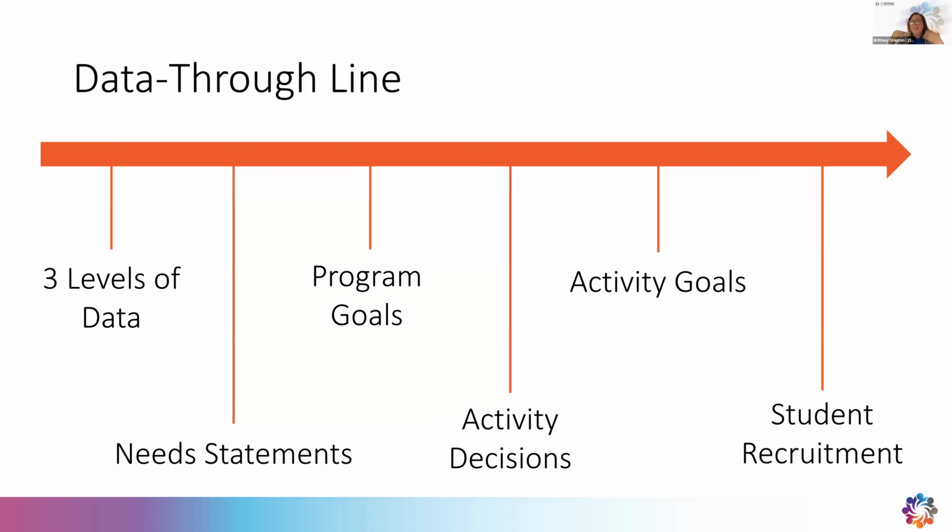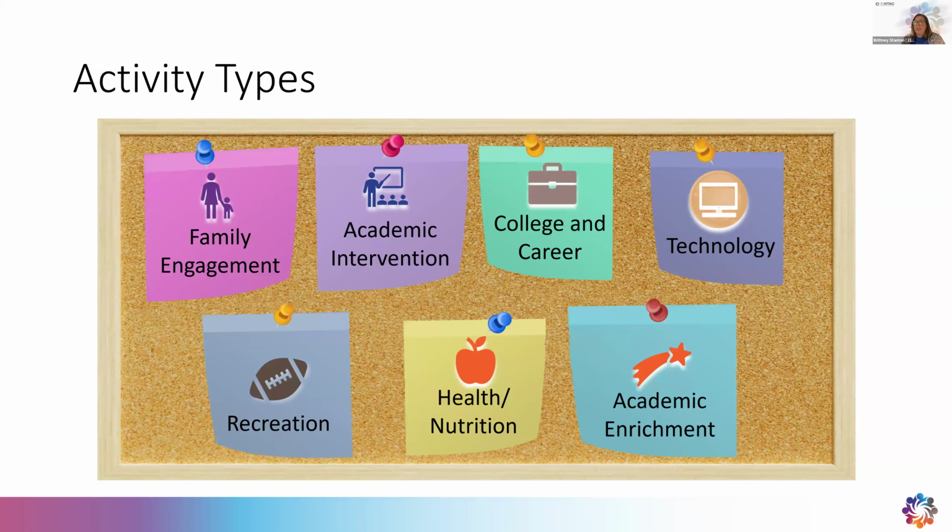You start with one, and depending on your program, you might have multiple things happening at the same time, right? But each activity is going to have a goal of its own, right? What is the purpose of that activity? What are you hoping to achieve? And so looking at some activity types, there are so many things that we can do in that out of school time space because we are not necessarily in that box of the school day.